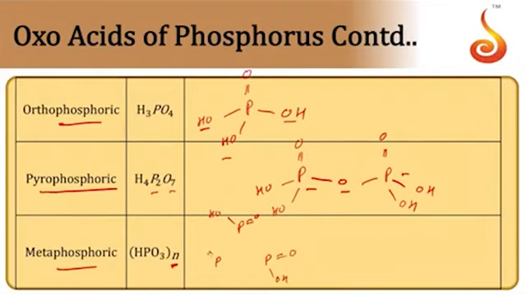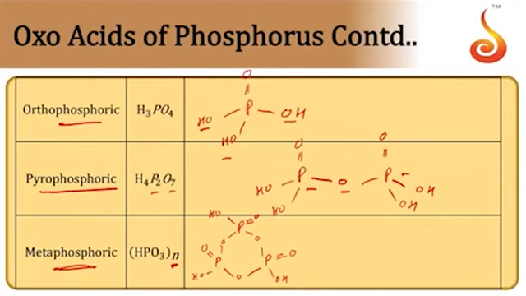The phosphorus atoms are joined through P-O-P bonds. This gives a cyclic trimeric structure. It can have n equal to 4 also, so you can draw the tetramer, pentamer, hexamer and so on. So metaphosphoric acid exists as cyclic structures, not planar forms.